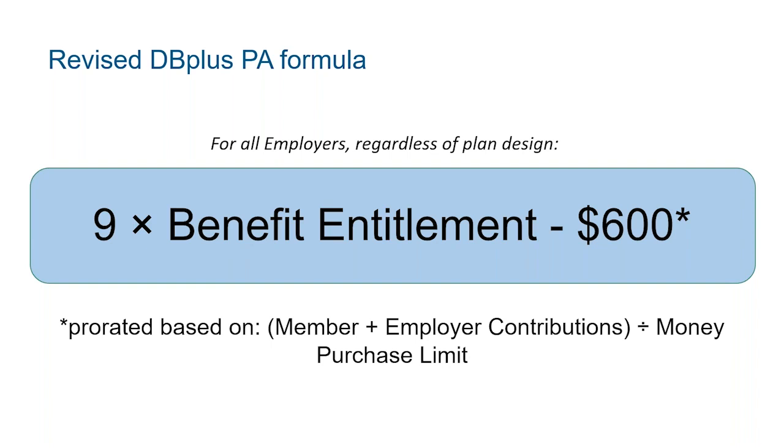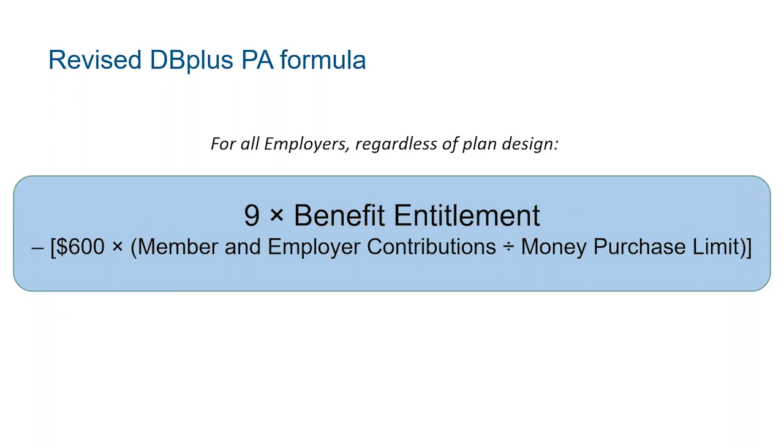The proration factor will be calculated by dividing member plus employer contributions by the money purchase limit of that year. Once you enter the proration factor into the formula, it looks like this. As you can see, all we are doing is multiplying the $600 PA offset by the proration factor, which is member and employer contributions divided by the money purchase limit.